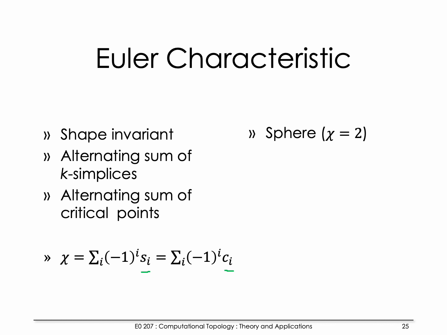So as an exercise, you may want to try and compute the Euler characteristic of different topological spaces, either by computing their Betti numbers or by designing some Morse functions on them and computing the Euler characteristic using this formula you see here.